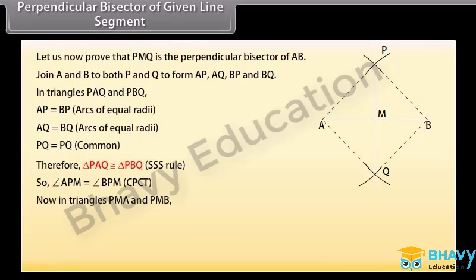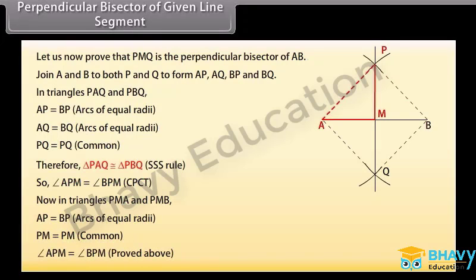Now in triangles PMA and PMB, AP is equal to BP, arcs of equal radii, PM is equal to PM, common. Angle APM is equal to angle BPM as it is proved above. Therefore, by SAS congruence rule, triangle PMA is congruent to triangle PMB.